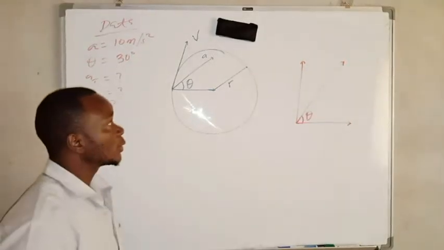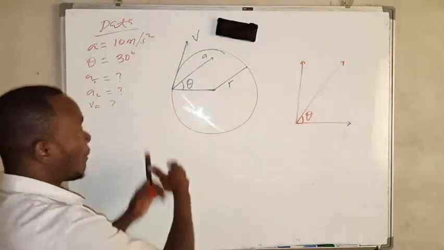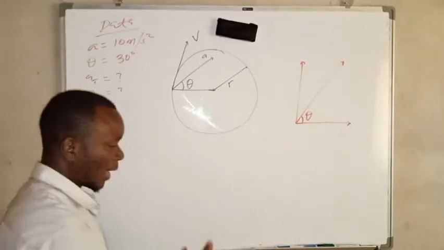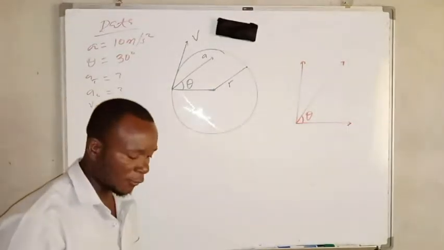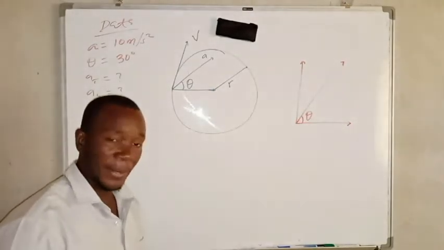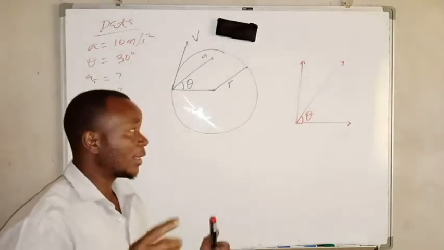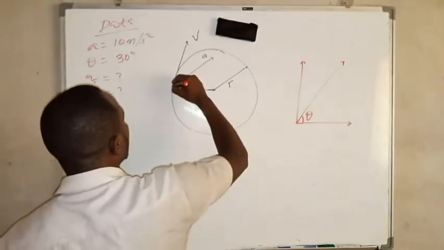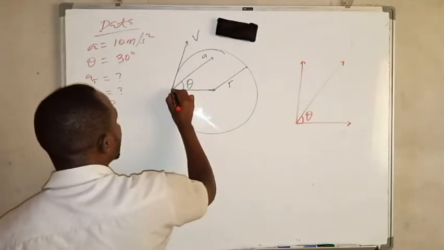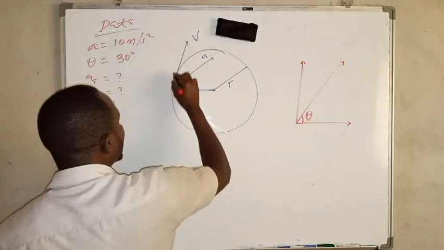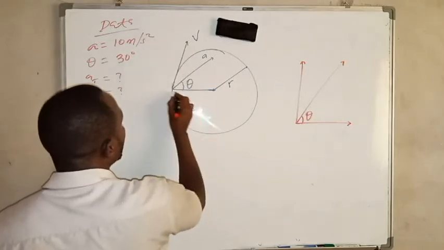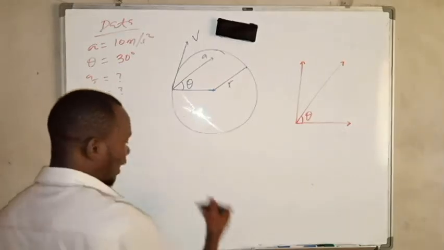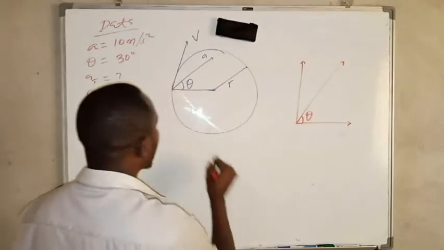So from here, we're going to come up with the components for A, since we have the total acceleration, which comprises the centripetal acceleration and the tangential acceleration. When we resolve this, we're going to find that there is the tangential acceleration right at the tangent, and also the centripetal acceleration that is directed towards the center.